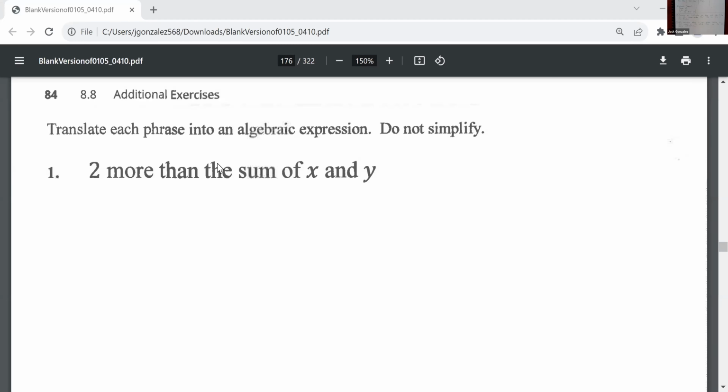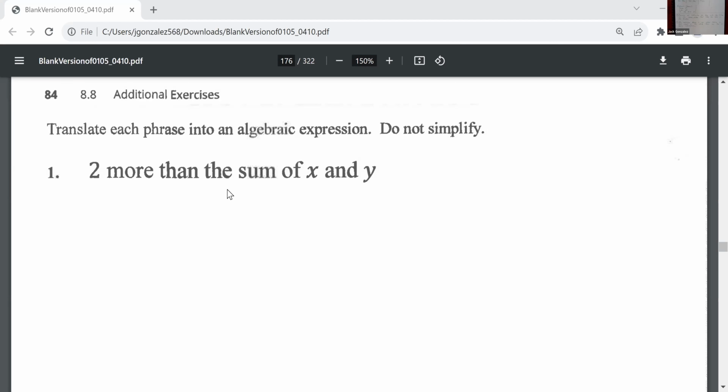Question number 1. Well, then it's still plus, right? And then sum is also plus.